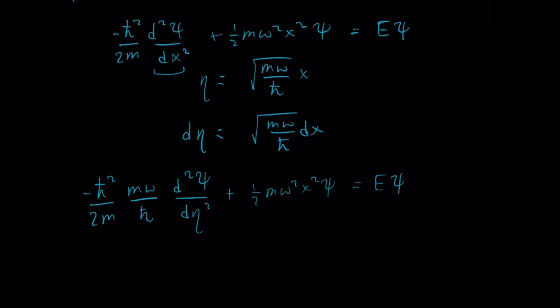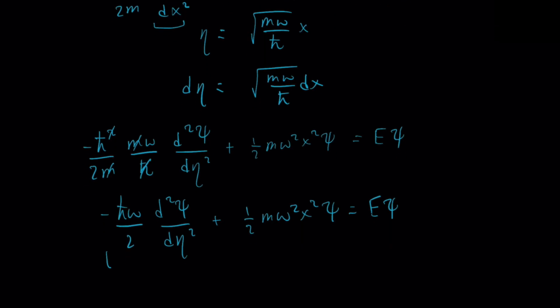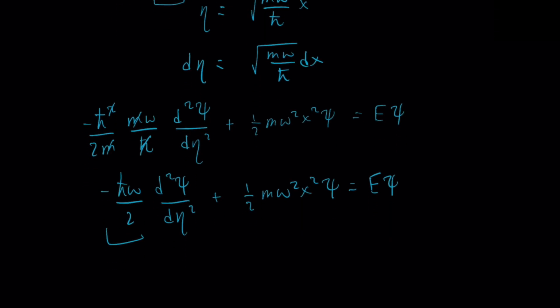And then this first term here is going to cancel out like this. So we have negative h bar omega over 2 times this second derivative. And then the rest is the same for now. But now when we divide by negative h bar omega over 2, it's going to look a lot nicer, because there's going to be a negative sign.